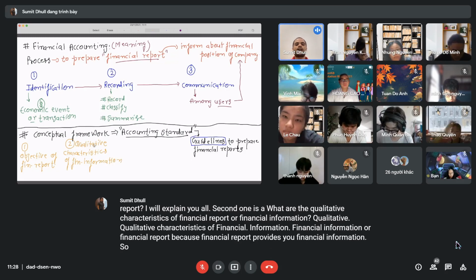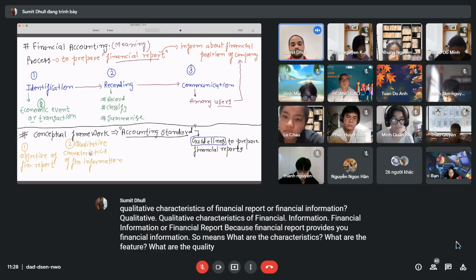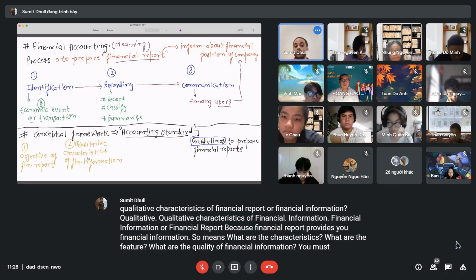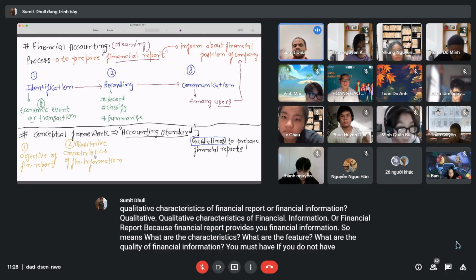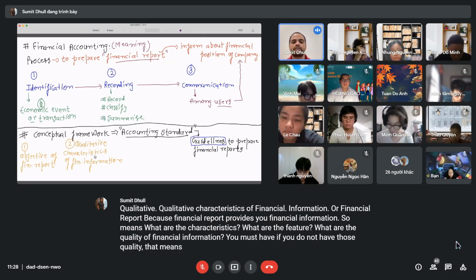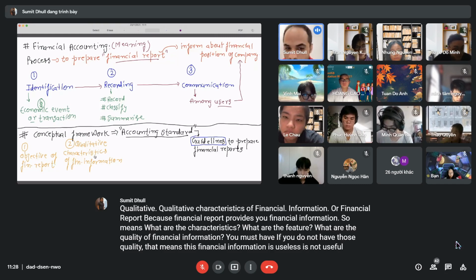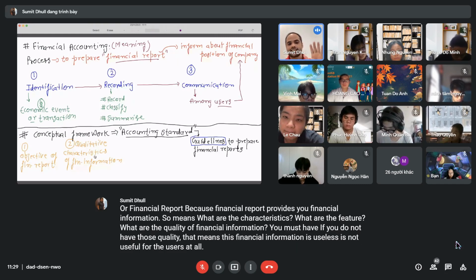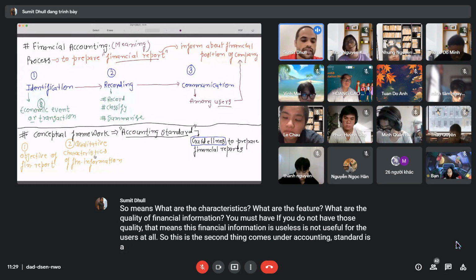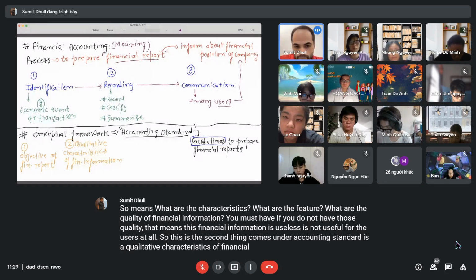So what are the characteristics, the features, the quality of financial information you must have. If you do not have those qualities, that means this financial information is useless, not useful for the users at all. So the second thing under accounting standard is the qualitative characteristics of financial information.